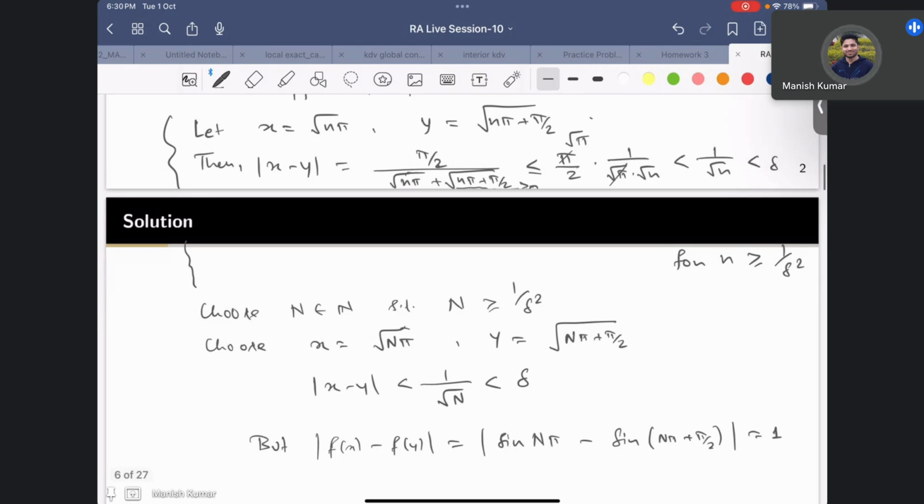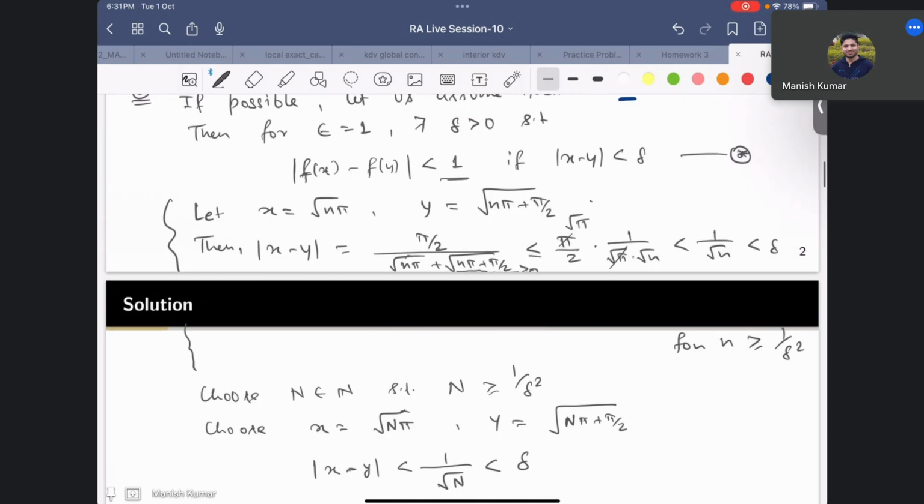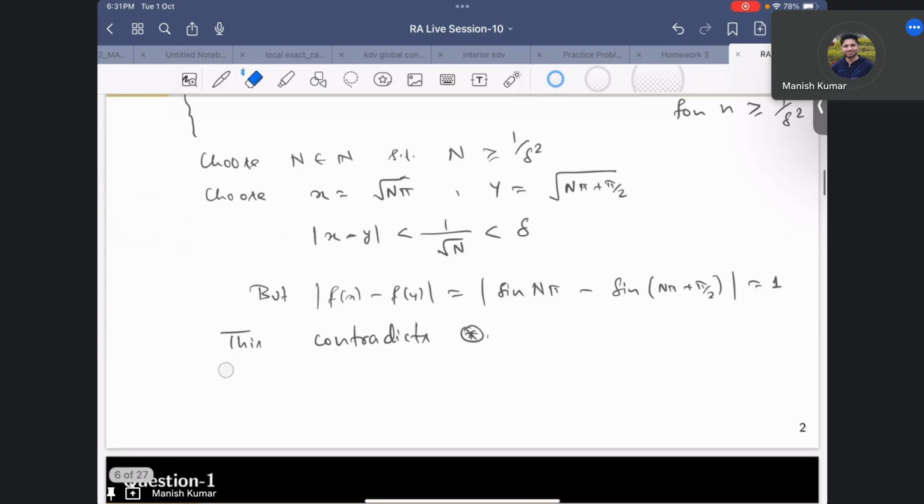So you can clearly see my x and y are very close, I mean x minus y is less than delta, but f x minus f y is equal to 1, so it's not less than 1, correct? So this contradicts star. Hence sine x square is not uniformly continuous.